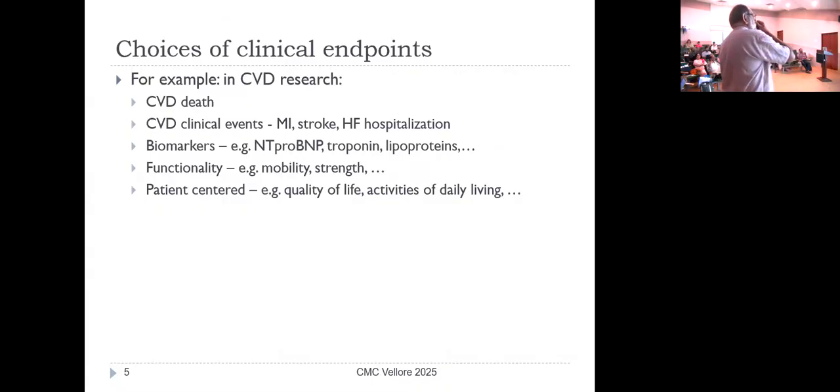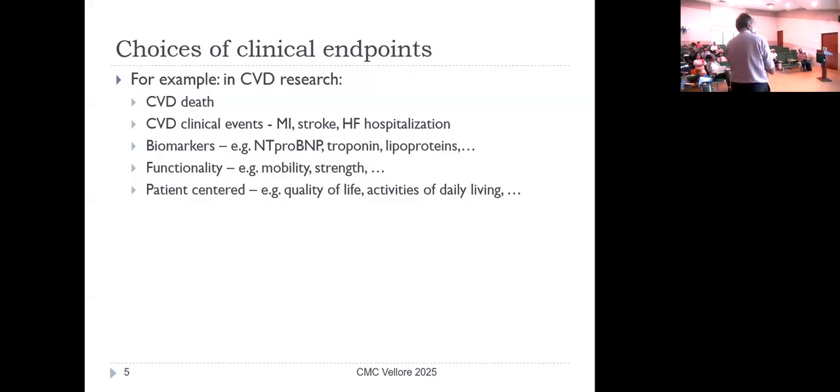So here are some examples. In cardiovascular research, we may be interested in cardiovascular death, or we may be interested in cardiovascular clinical events like MI, myocardial infarction, stroke, heart failure, hospitalization, sometimes put together with cardiovascular death. Somebody came up with an acronym for that combination called MACE.